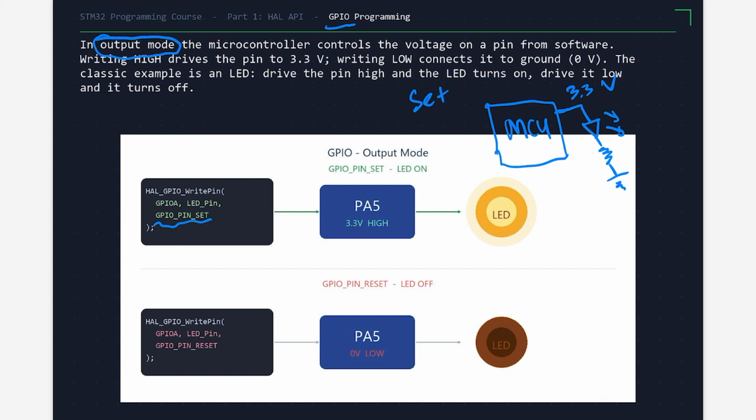But if we reset, so instead of setting, if we reset, what's going to happen? Of course, instead of 3.3 volts, we end up with 0 volts, and the LED will turn off. So when we set, we have light, and by resetting a pin, no light.